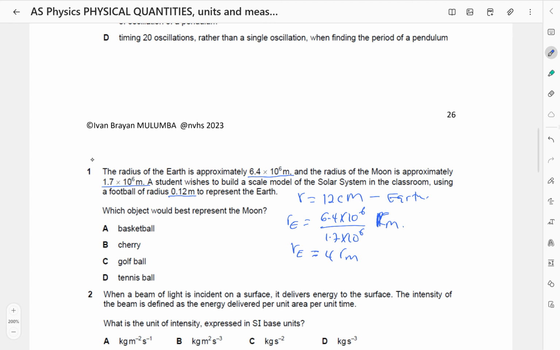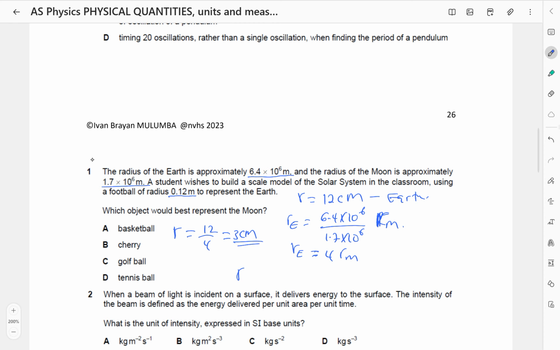So that means the representation here should be something which has a radius that is a quarter that of the Earth. So I need an object whose radius is going to be equal to 12 divided by 4, which is going to be equal to 3 centimeters.